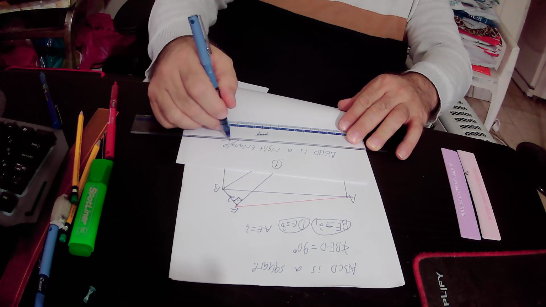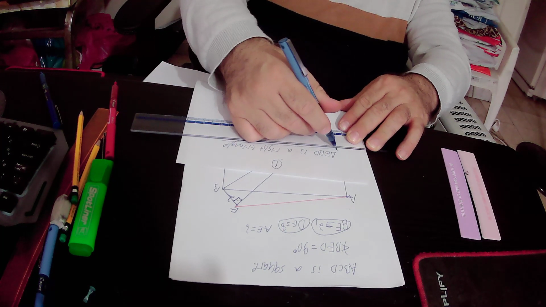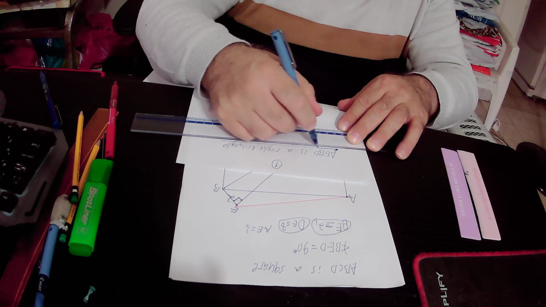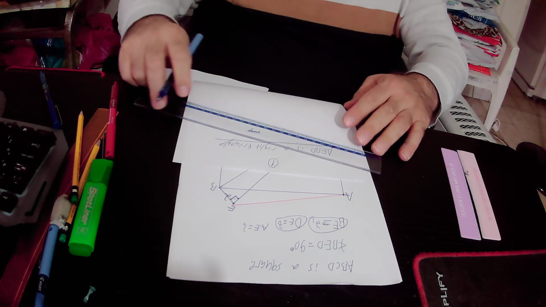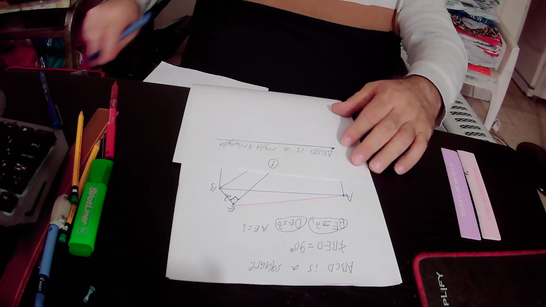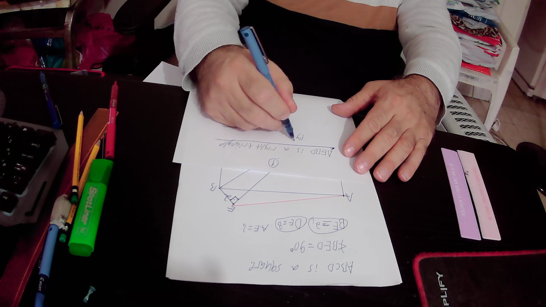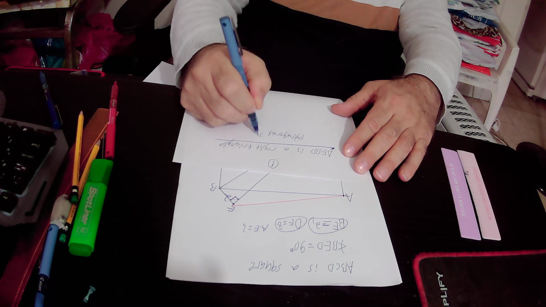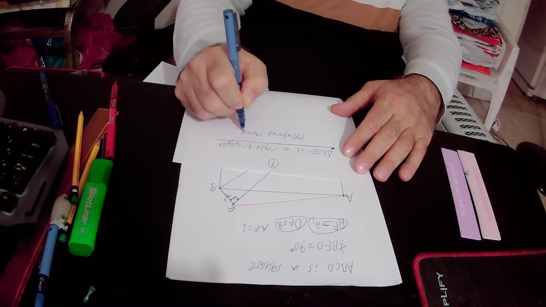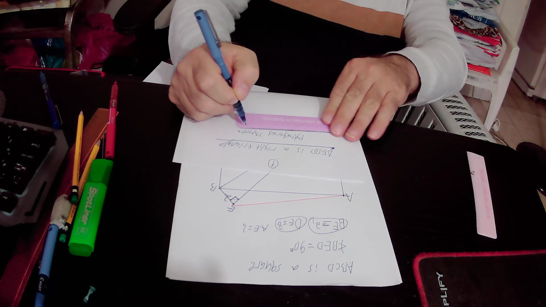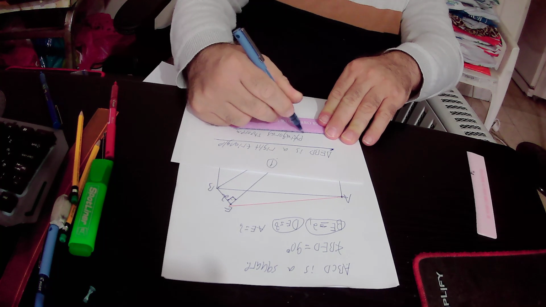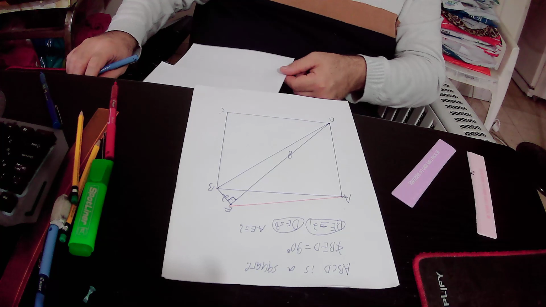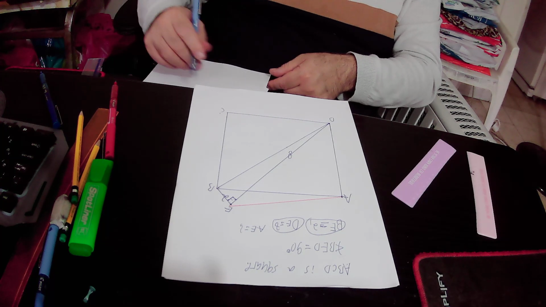So we can implement the Pythagoras theorem on the right triangle EBD. Okay, so according to the Pythagoras theorem, in any right triangle, the square of the hypotenuse equals the sum of the squares of the perpendiculars.